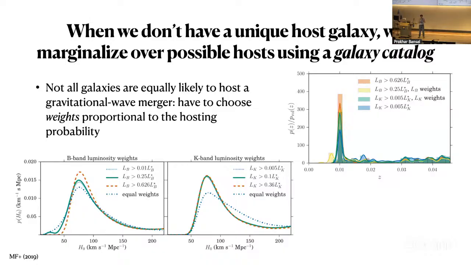B band luminosity is blue galaxies, so it's roughly proportional to the star formation rate, whereas the K band is more reddish galaxies, so that's roughly proportional to the stellar mass. And that's the two things we use. We think it's some combination of star formation rate for short delay times and stellar mass for long delay times, but you can definitely do a more sophisticated thing, and people are working on it.